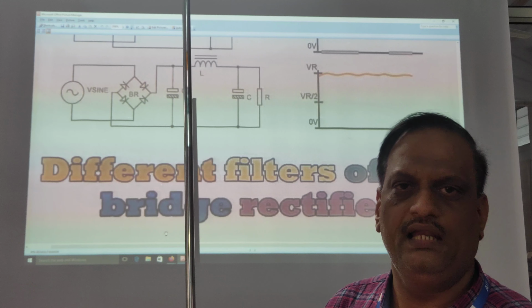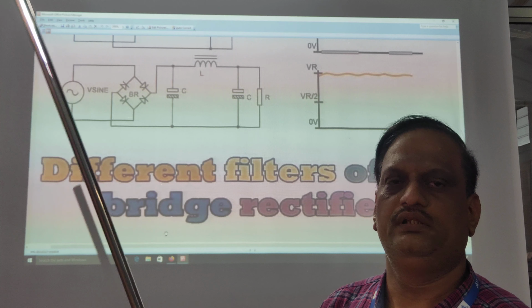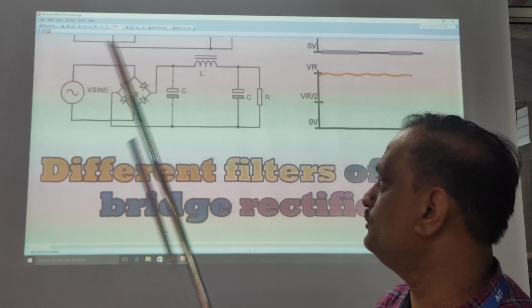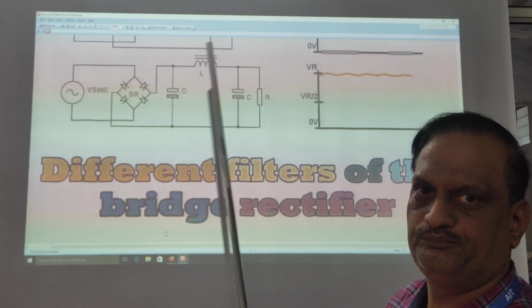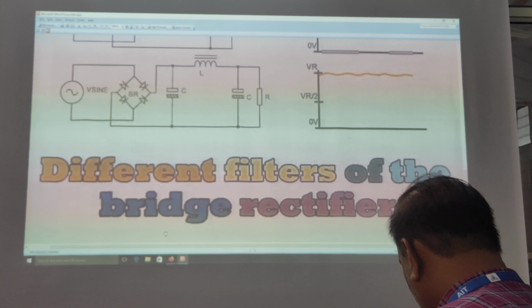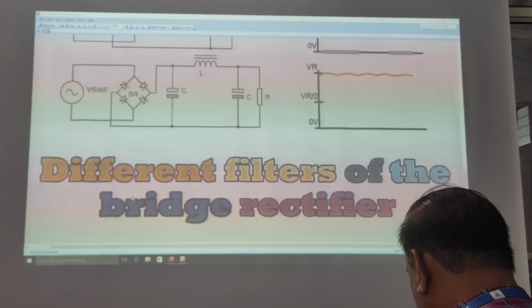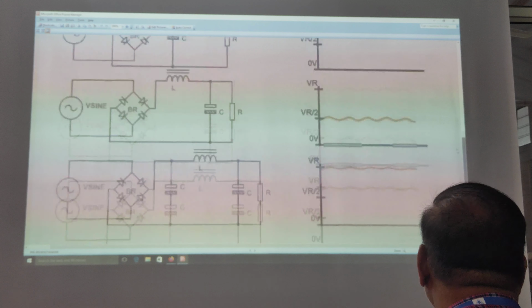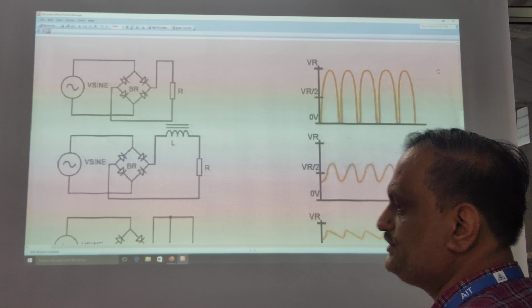So initially let us first study how the circuit will work in the absence of this filter. So I will take you to the very first circuit.